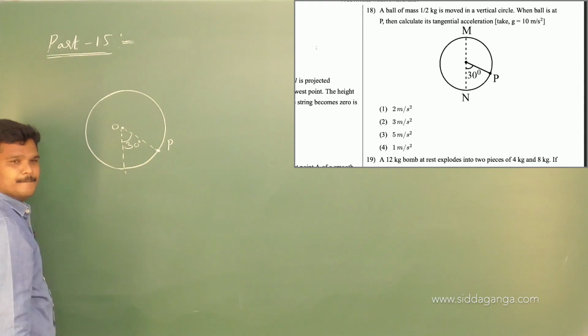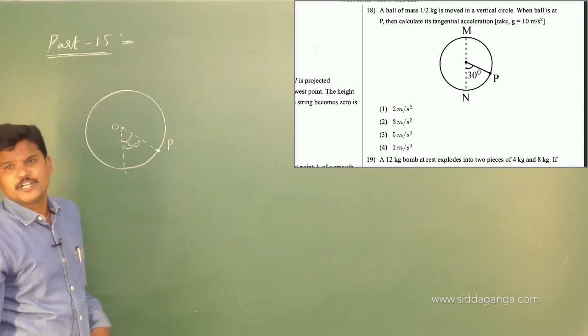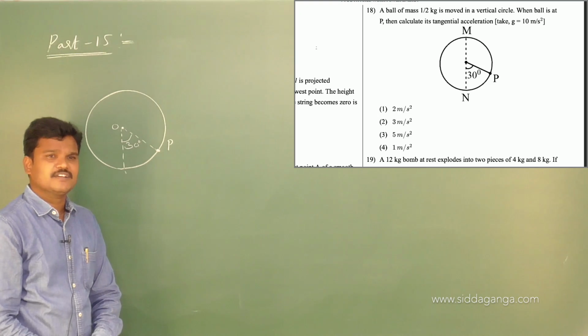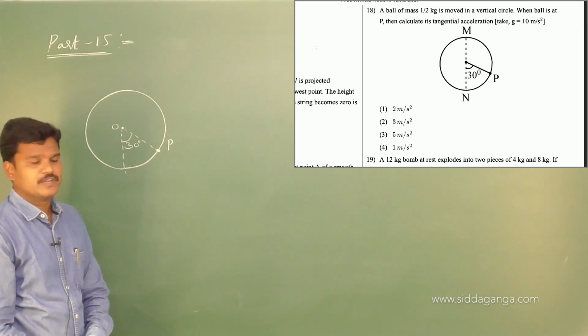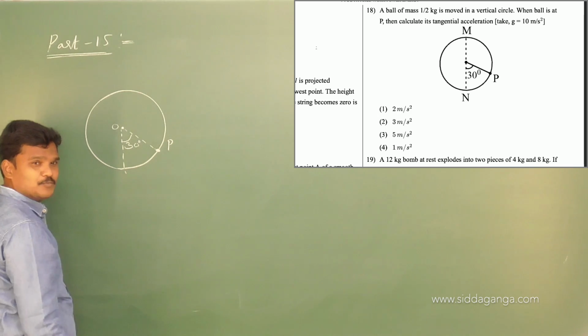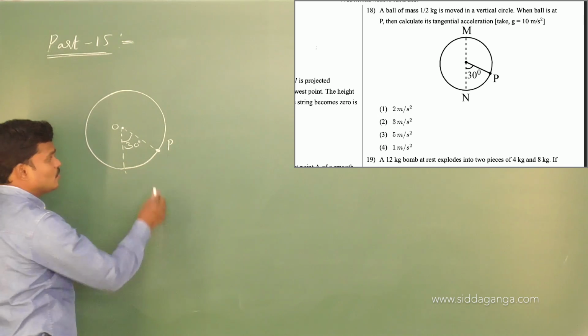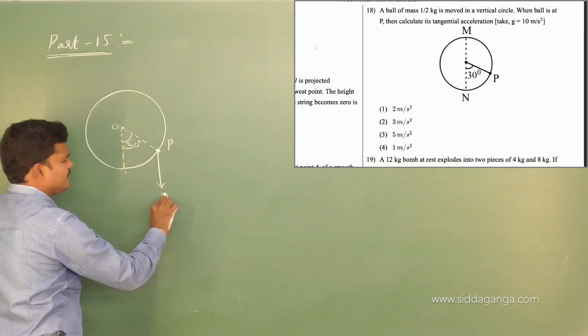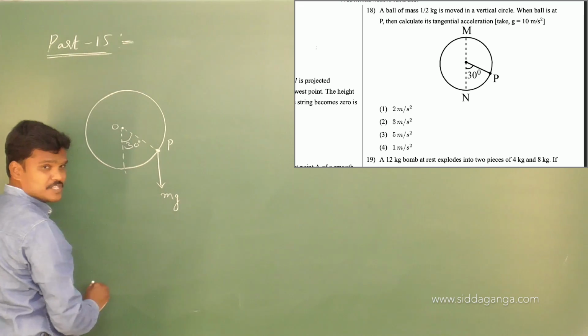Here, you know, there are two types of acceleration, centripetal acceleration and tangential acceleration. If m is the mass of the particle, of course they gave 1 by 2 kg, the weight of this body always acts vertically downwards.